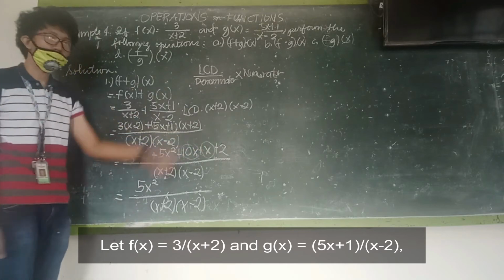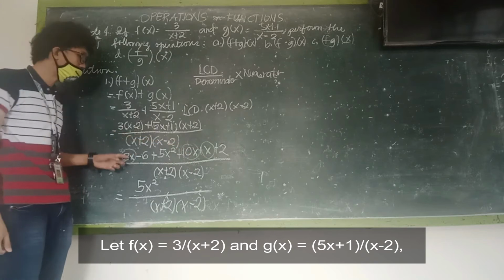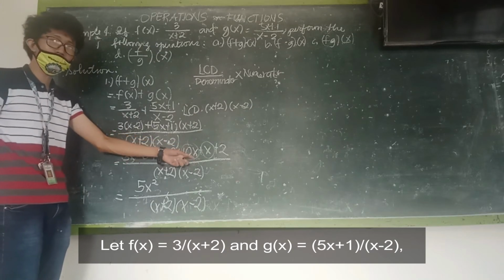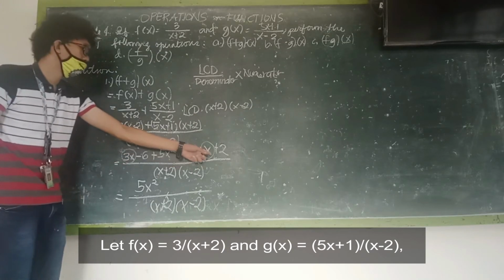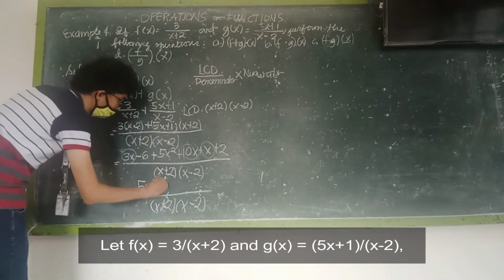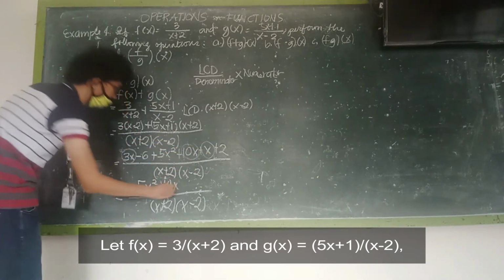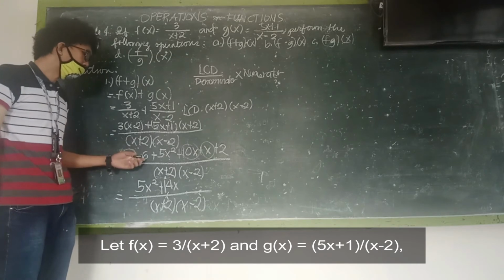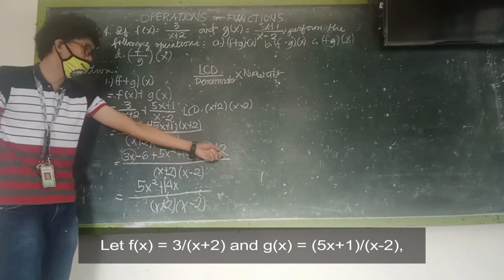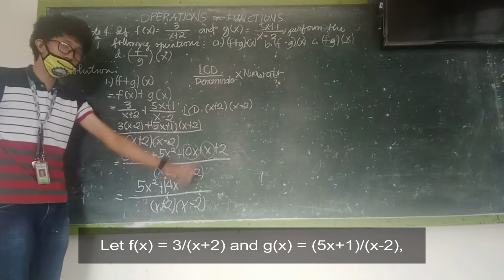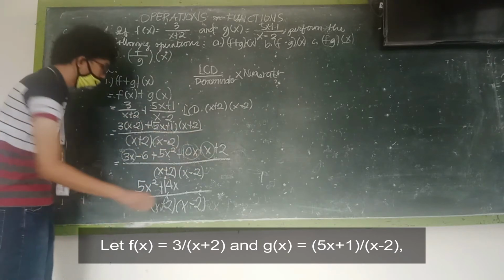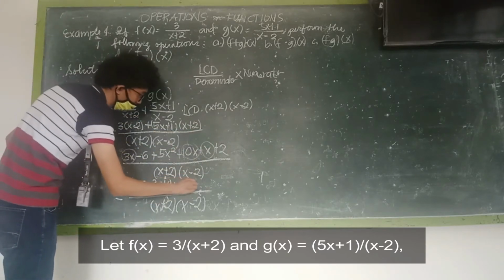So, i-add natin yung tatlo. 3x plus 10x is 13x. Plus x, we have plus 14x. Then, we have negative 6 plus 2. Itong constants na lang. So, negative 6 plus 2, we have negative 4.